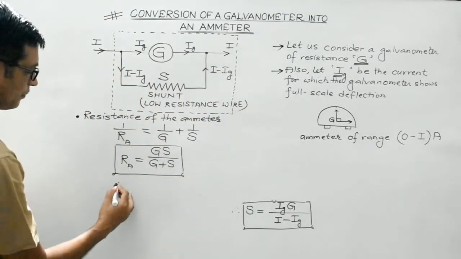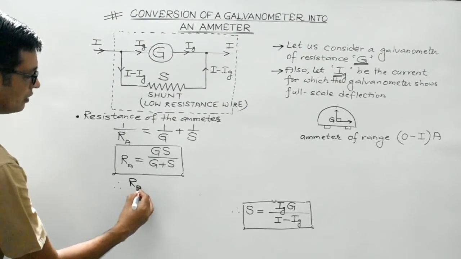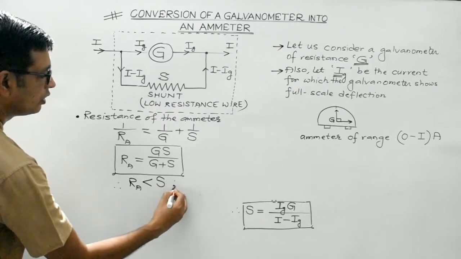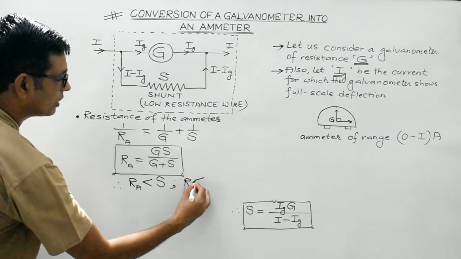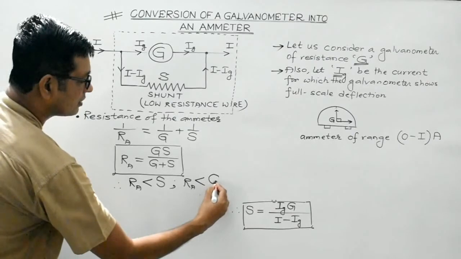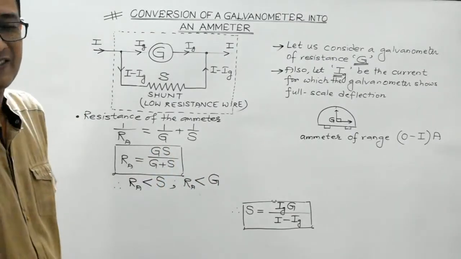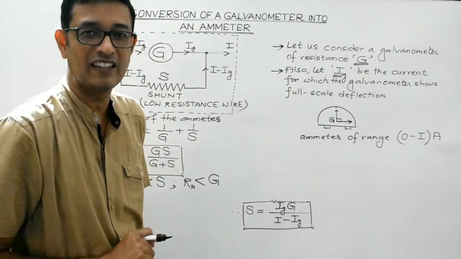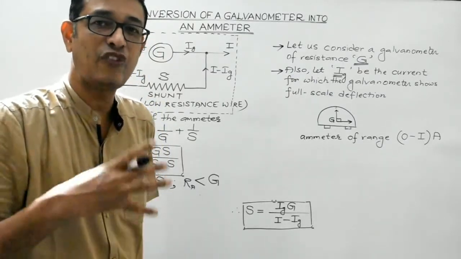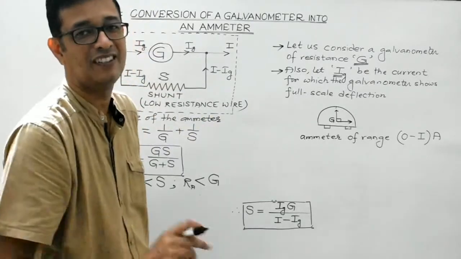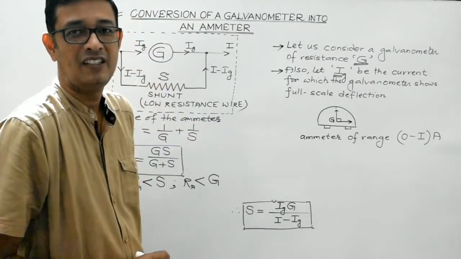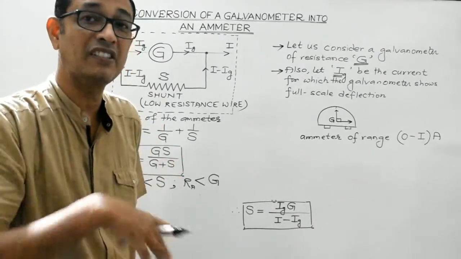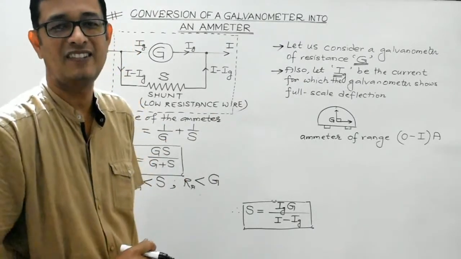So therefore, Ra, the resistance of the ammeter, must be less than the shunt. Also, the resistance of the ammeter must be less than the resistance offered by the galvanometer. So students, galvanometer is a low resistance device, no doubt regarding that. But the resistance of the ammeter is still smaller than that of the galvanometer. The resistance of the ammeter is even less than the value of the shunt, which is itself a very, very low resistance wire.